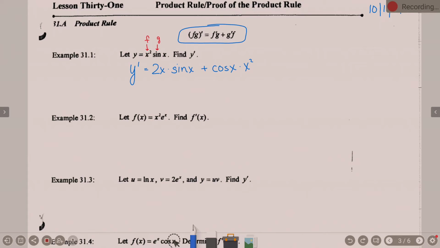About the only thing I've done from here is clean it up. I have mine written as 2x sine of x plus x squared cosine of x.